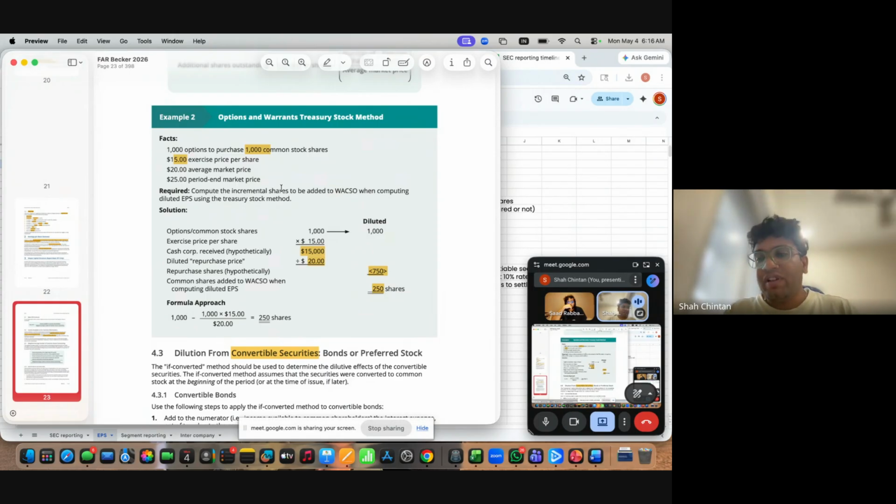You are paying $15,000, you are getting 1000 shares in future, but you are only making a payment for 750 shares. It means 250 shares the company is issuing free of cost, and these are increasing your weighted average number of shares. Otherwise, there is a formula approach, but you don't need to remember so many formulas. You just need to understand conceptually how you calculate the number of shares.